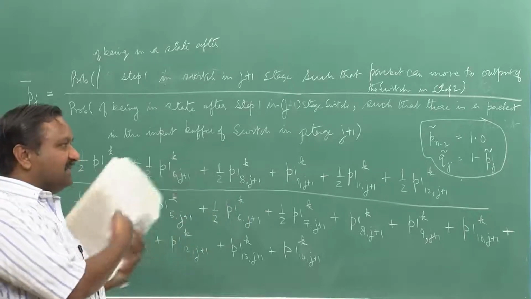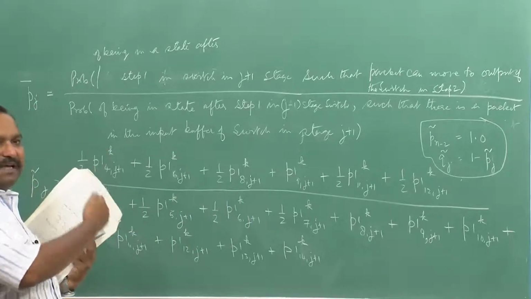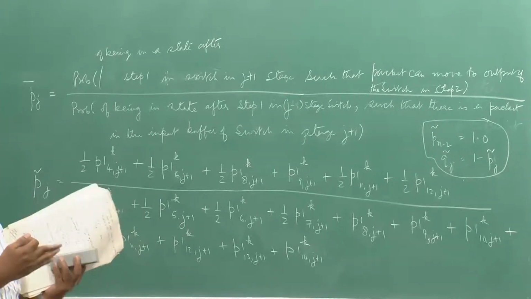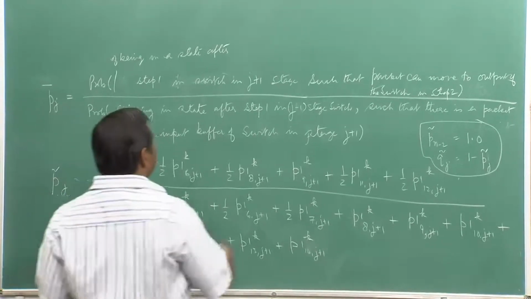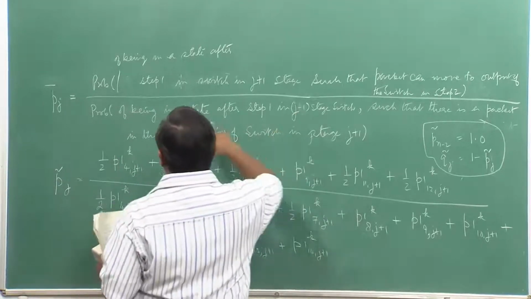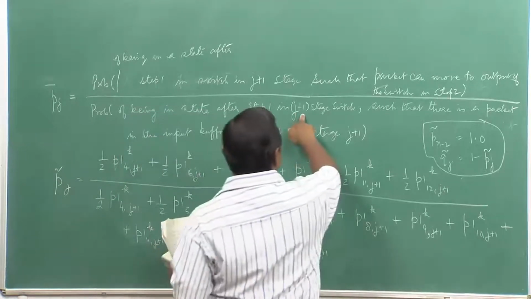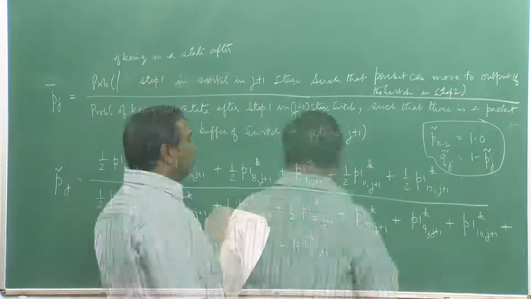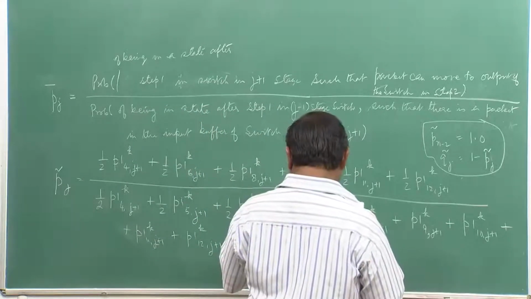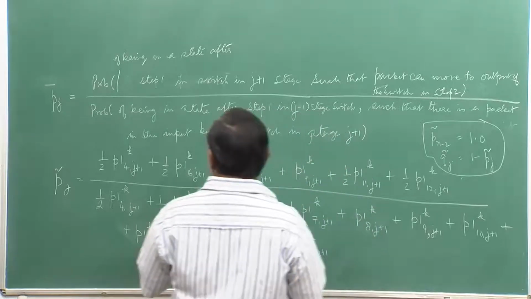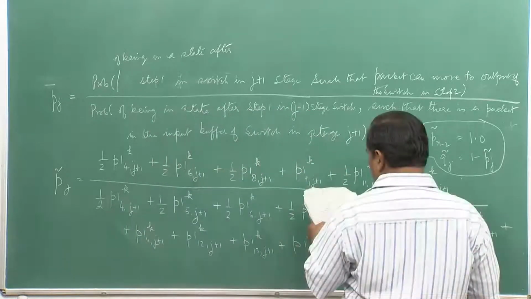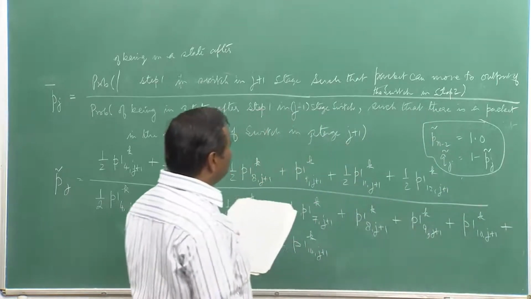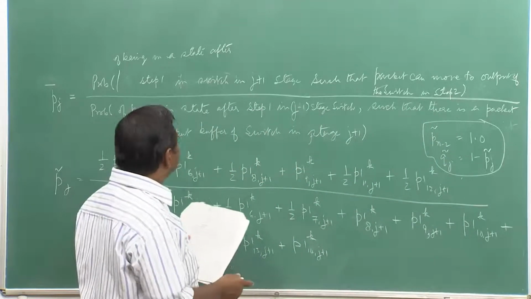So in the previous stage step 1 is happening, and in your stage step 2 is happening. Okay. So I am talking about j minus 1, and after step 1 in j minus 1 you are actually going through step 2 now. Okay. So the probability of being in state after step 1, so step 1 is already executed and step 2 is already finished, that is what it means.